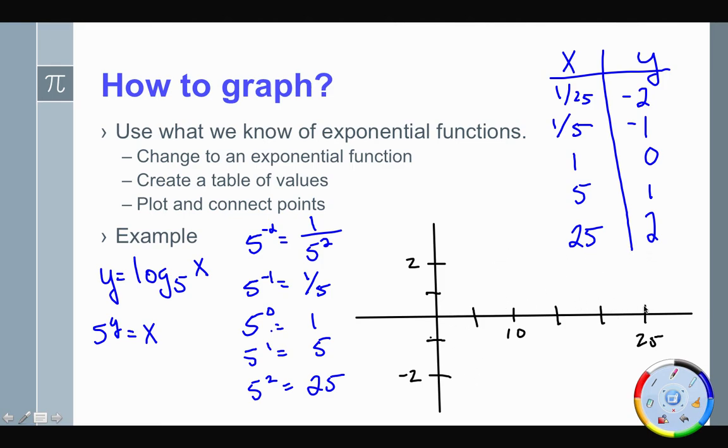So we have when x is 25, y is 2. When x is 5, y is 1. When x is 1, y is 0. And then we get very, very close. We just know we're going to get really, really close essentially here. Those are really hard numbers to try to graph. That is 0.2. I believe that's 0.04. And that is it. We are going to connect our dots.